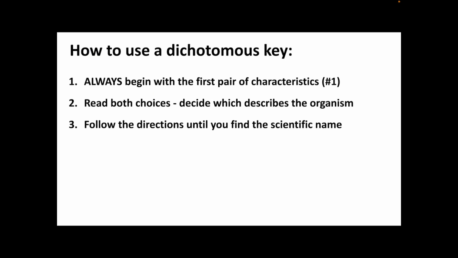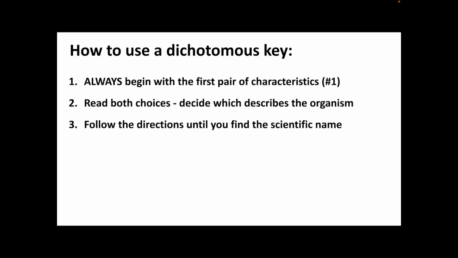So how do you use a dichotomous key? First of all, you're always going to start with the very first pair of characteristics. Even if you've already identified an organism and followed the flow chart, if you're looking at a new organism, you always start with the first pair. Number 2, you're always going to read both choices and decide which one describes the organism you're looking at.